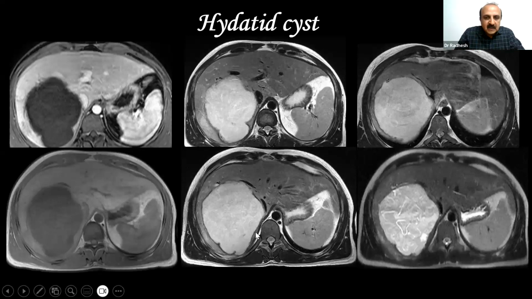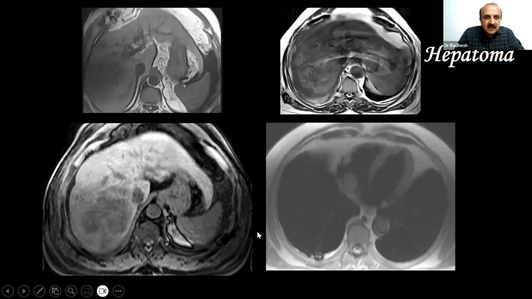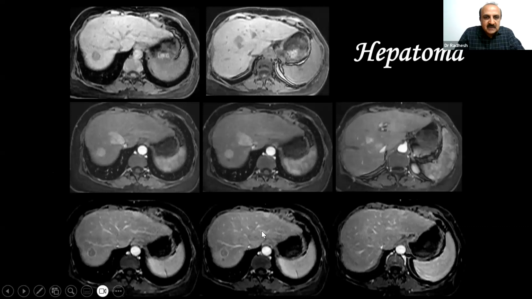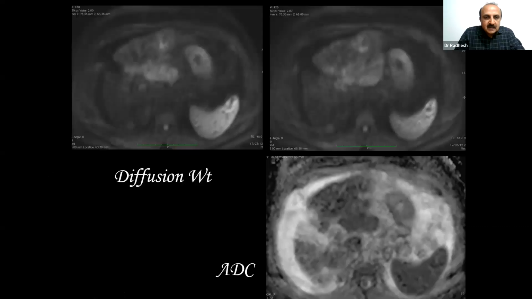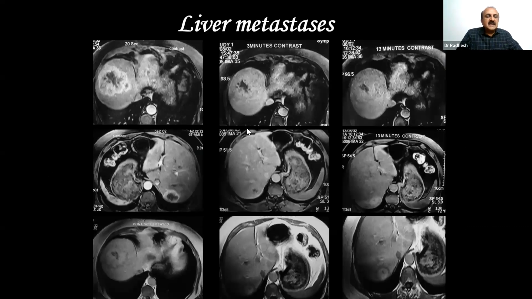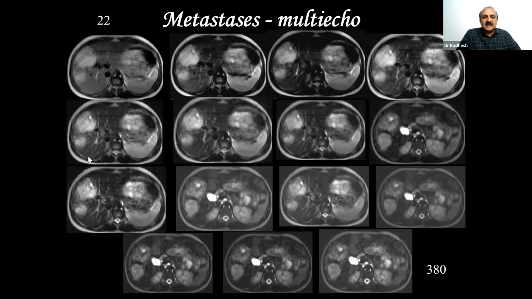Now, I'll skip this. To understand better, I'll go for one more slide here. Okay. Now, this is a case of metastasis. Multiple lesions in the liver, varying sizes. This is at echo 22 milliseconds. This is at 380 milliseconds. What has happened to the lesions? Are they bright? Not really, right?